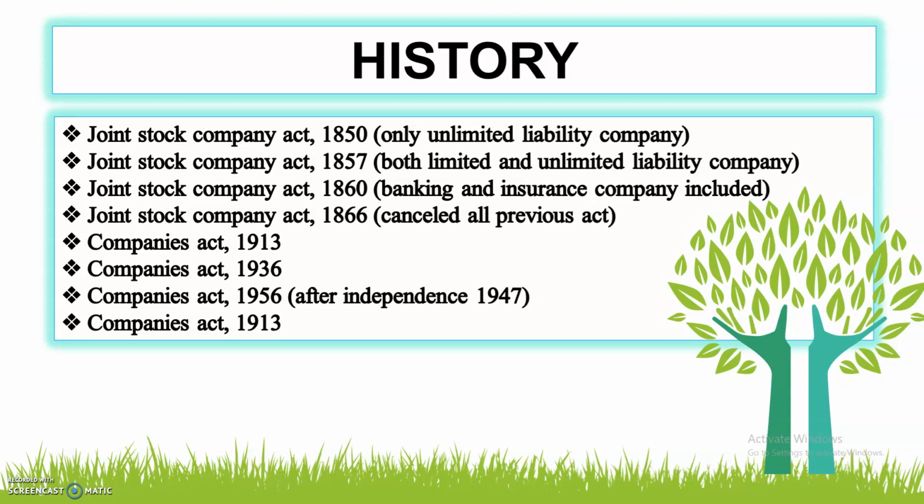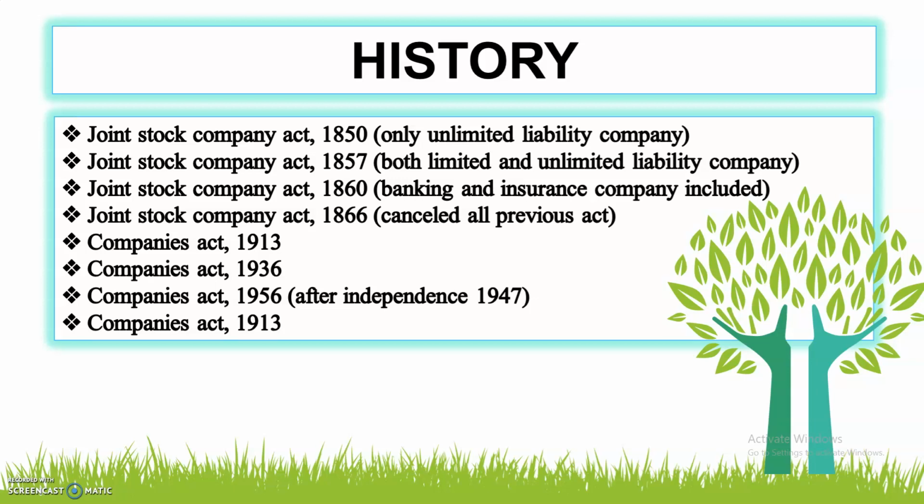Joint Stock Companies Act 1866 cancelled all previous acts, which means when the 1866 Act came, all the provisions which were in the Acts of 1850, 57 and 60 were cancelled. Then the Act was renamed in 1930 as Companies Act 1930.